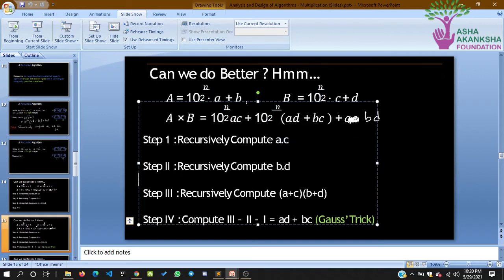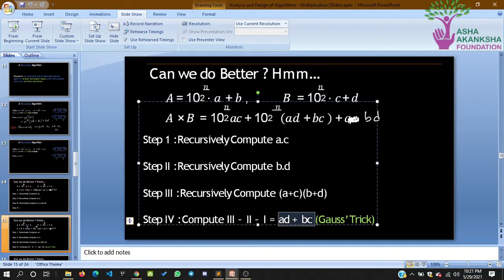In step 4, you just compute 3 minus 2 minus 1. What is 3? 3 is the value that comes out after calculating this. 2 is the value that comes out after this, and 1 is the value that comes out after this. After you do this, you will get AD plus BC. This computation can be done in order n by 2 time.